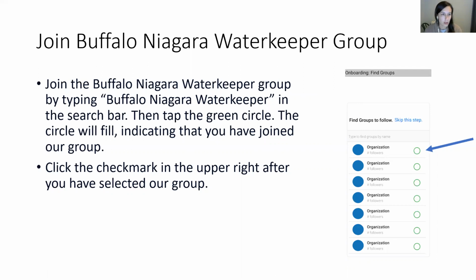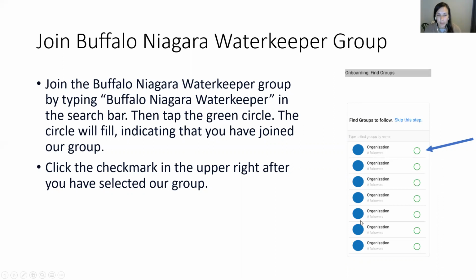Once you make your account, it should prompt you to join groups. You would type in Buffalo Niagara Waterkeeper to search for our group. You'll see different organizations pop up as you're typing in letters. You'll see our logo next to our name to join.